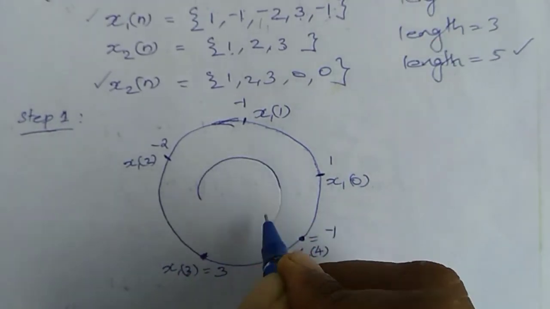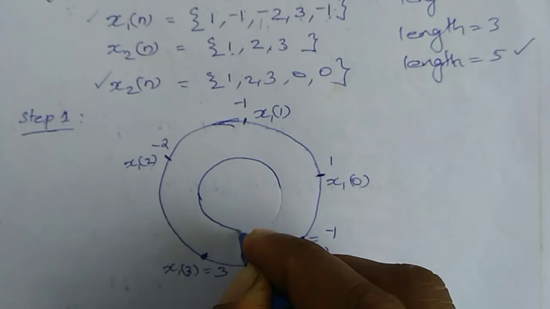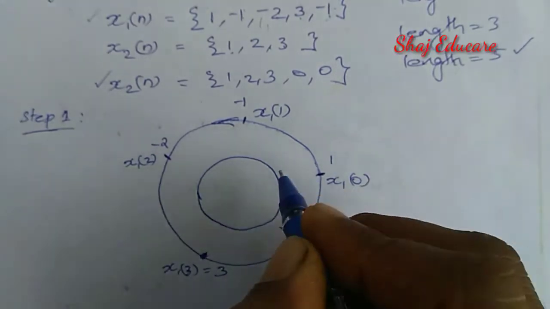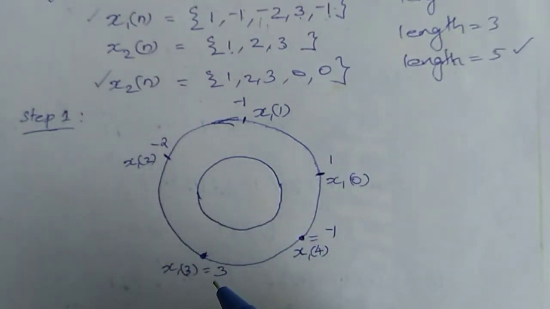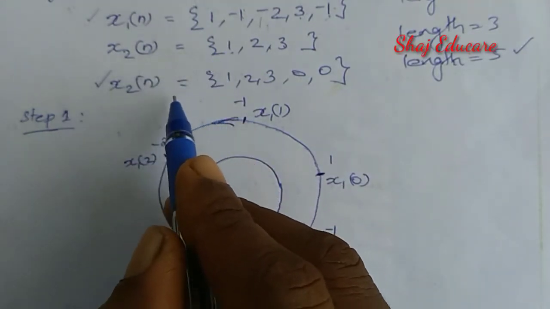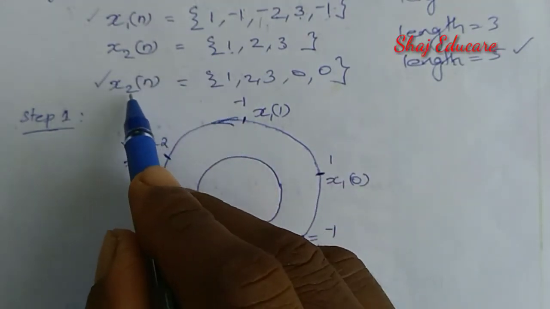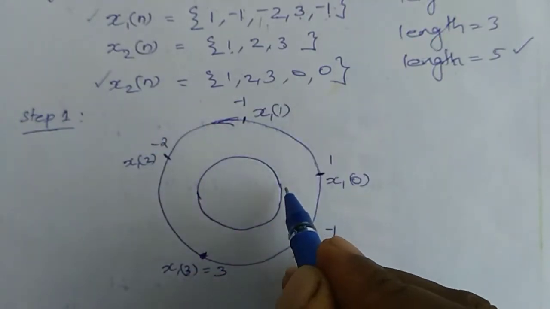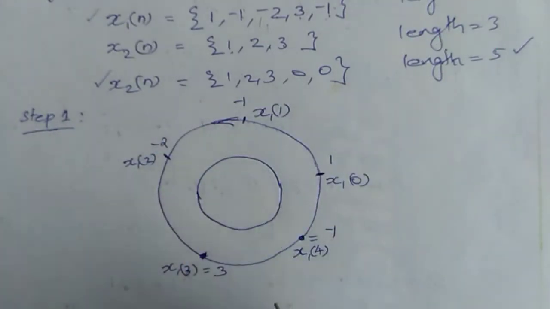Okay, draw an inner circle, and graph all points of x2 of n. This is x2 of n. All points of x2 of n in clockwise direction.